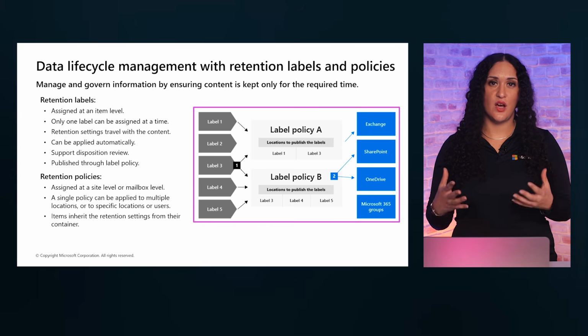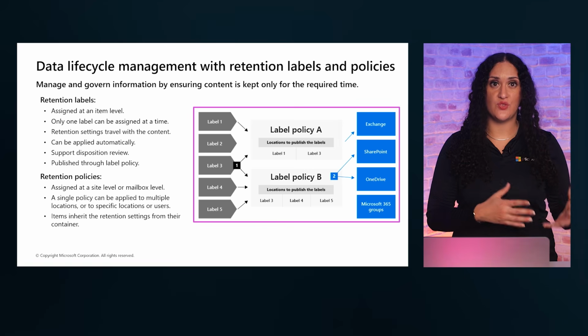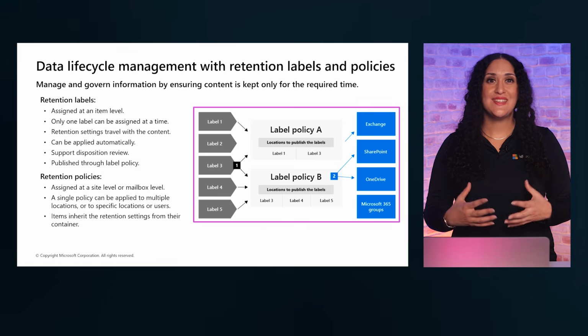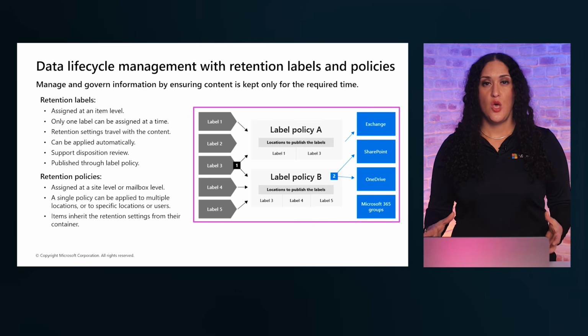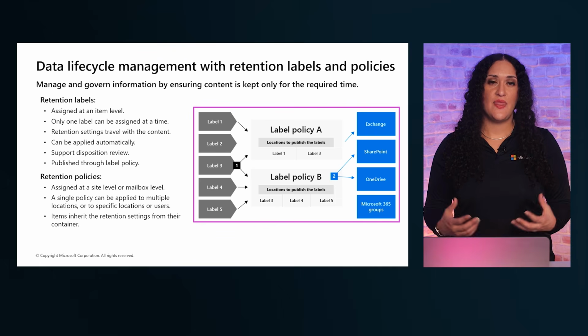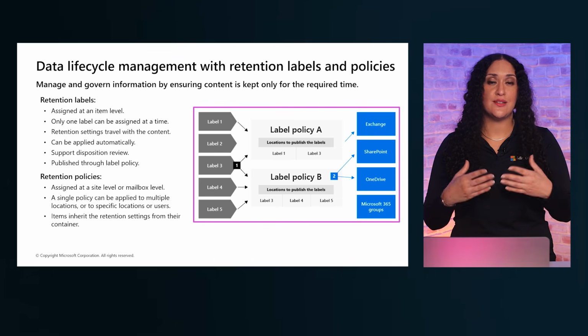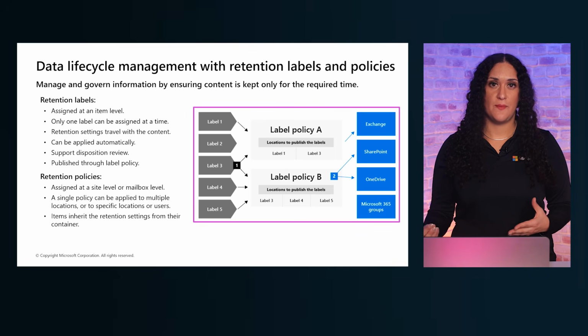A single policy can cover multiple locations, and items inherit these retention settings from their container, which makes it easier to manage large volumes of content consistently. We can use these tools to meet regulatory requirements, reduce risks during litigation, and avoid storing data longer than necessary.